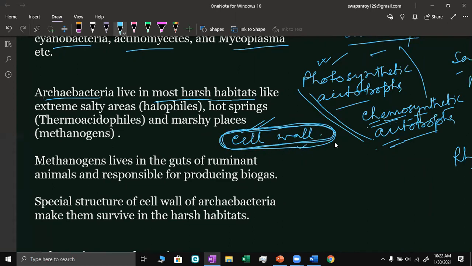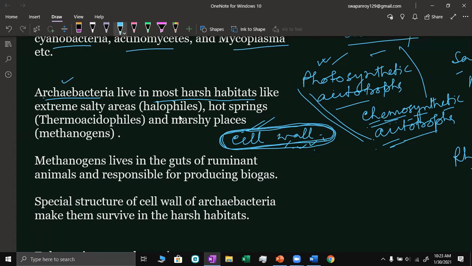In bacteria the cell wall is very unique, and not similar to the cell wall of plants and the cell wall of fungi. Archaebacteria have a very special cell wall, even a little different from normal eubacteria.